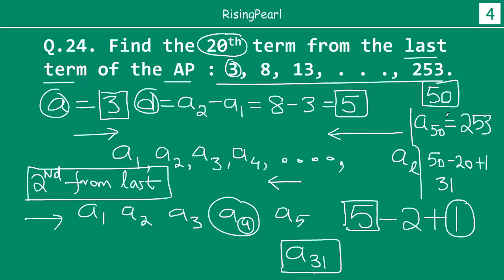Whatever that value is, like in this case 31, you are looking to find that 31st term. So you have to find the value of the term: a plus n minus 1, where n is 31, minus 1 times d. You put the values for a and d and find the value of this term.